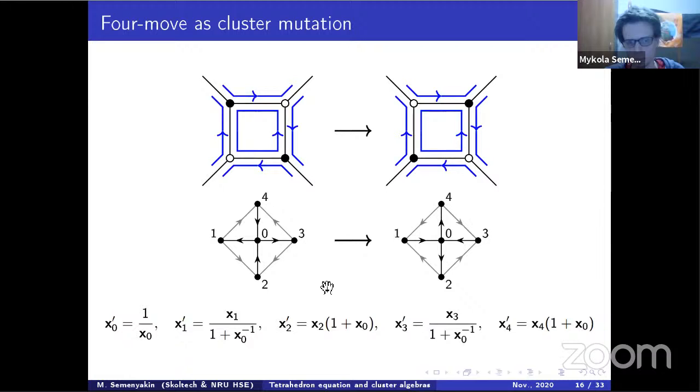If we take these products, we see the usual rule, for those who know it, a mutation in cluster algebra, or you can think that this is the transformation of these path variables corresponding to blue paths. And here is a transformation of the quiver, which encodes the Poisson brackets of these variables. The black arrow is for epsilon ij equal to 1, and gray arrows are for epsilon ij equal to 1/2.